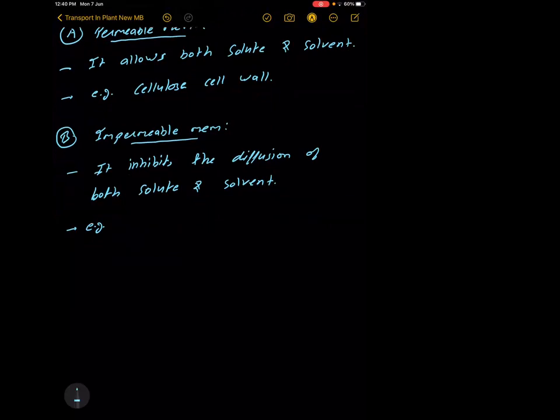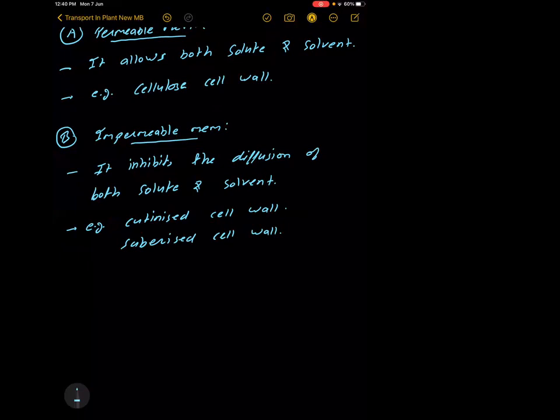So examples are cutin, if a cutin layer is present, a cutinized cell wall, and especially the suberized cell wall. Sir, even the fungal cell wall is made of cutin? No, that is chitin.